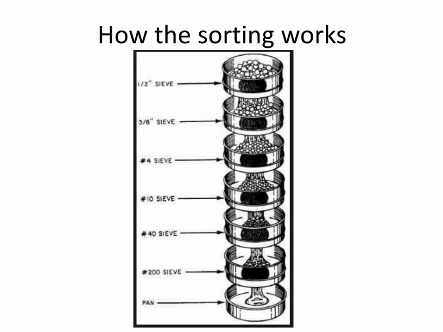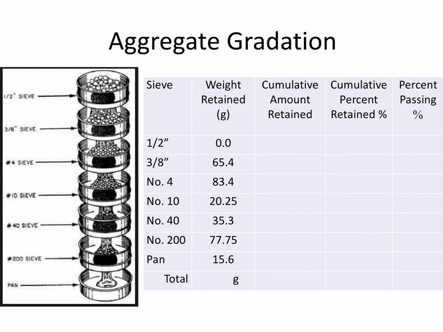And so what we do is we take what lands on the sieve and then we weigh it. So here's sample results of a test that goes along with this sieve stack. From the 1/2 inch sieve, I'm going to say that 0 was retained once we were done shaking. That picture shows some retained, but I'm going to say it's not done shaking and everything fell through. And then when we got to the 3/8, we retained 65.4 grams, the number 4, 83.4, and so on.